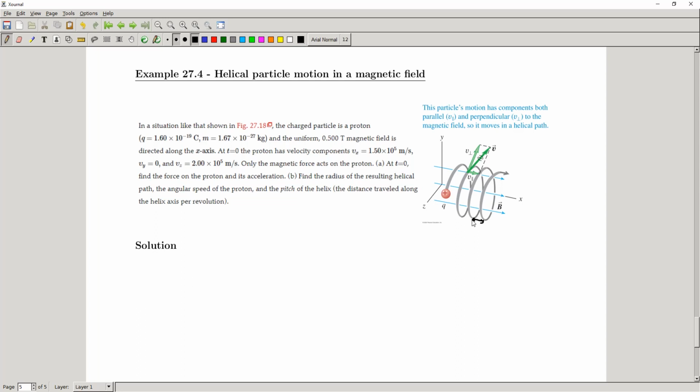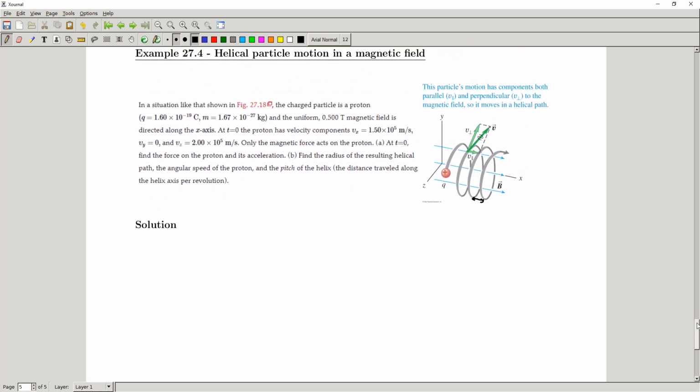We want to find the force experienced by the particle. We can right away write down our magnetic force equation: F is equal to Q V cross B. We can just substitute in for what V is and for what B is.